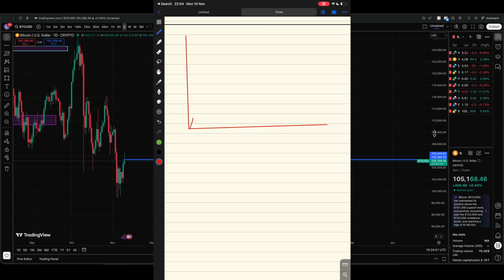Let me give you another example. So this is the chart, and the price is moving like this, and this. So this is the resistance zone. Sorry about that.